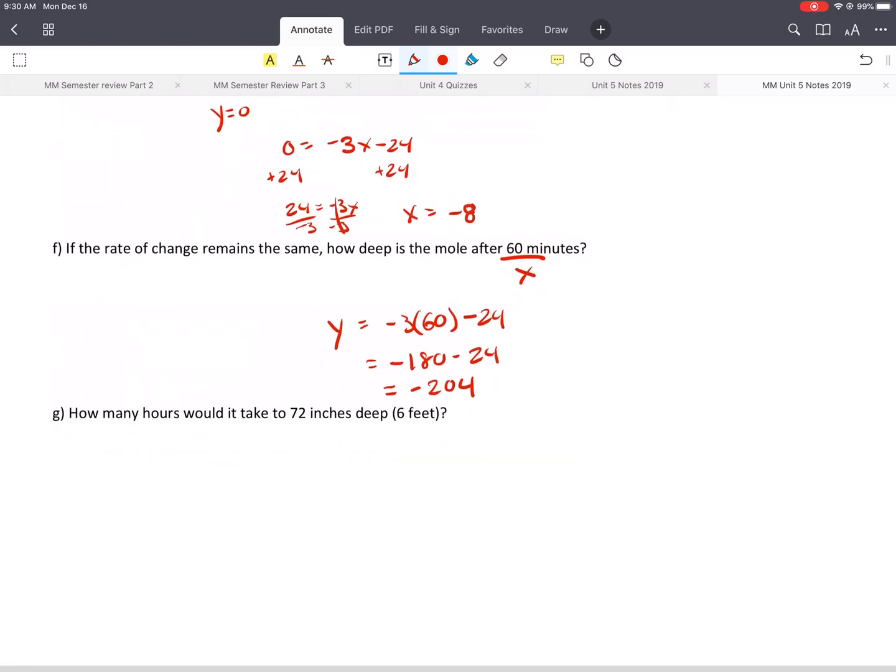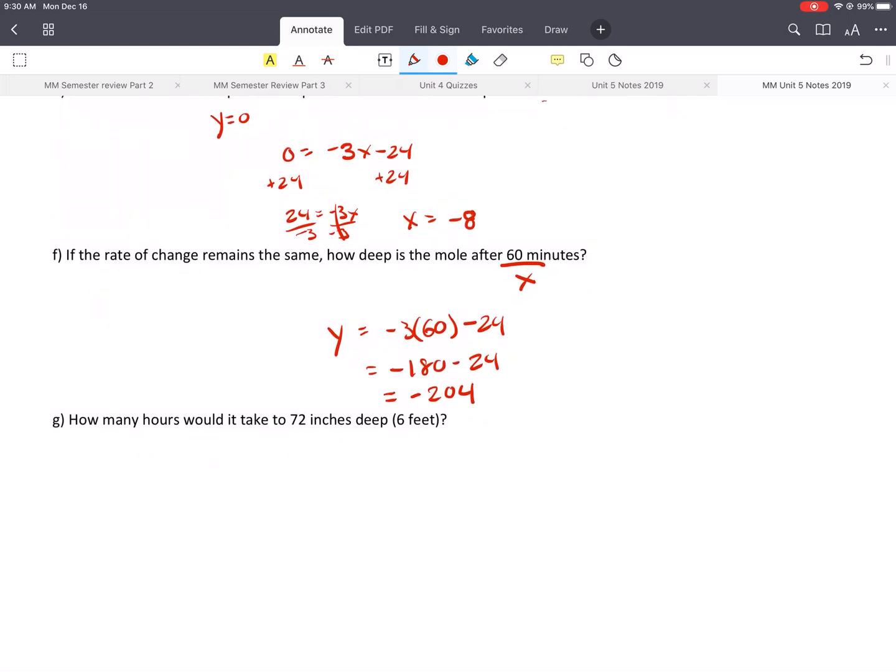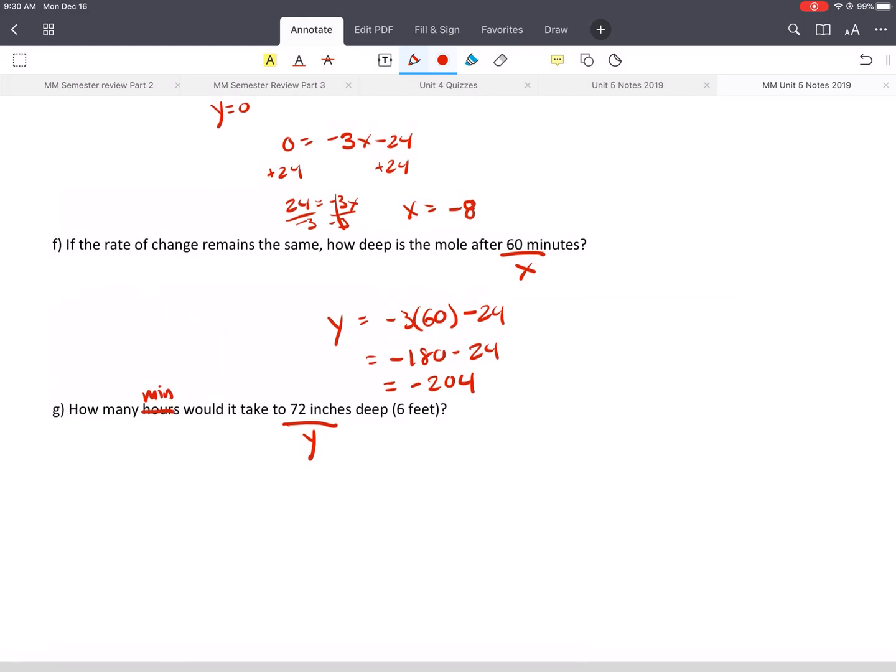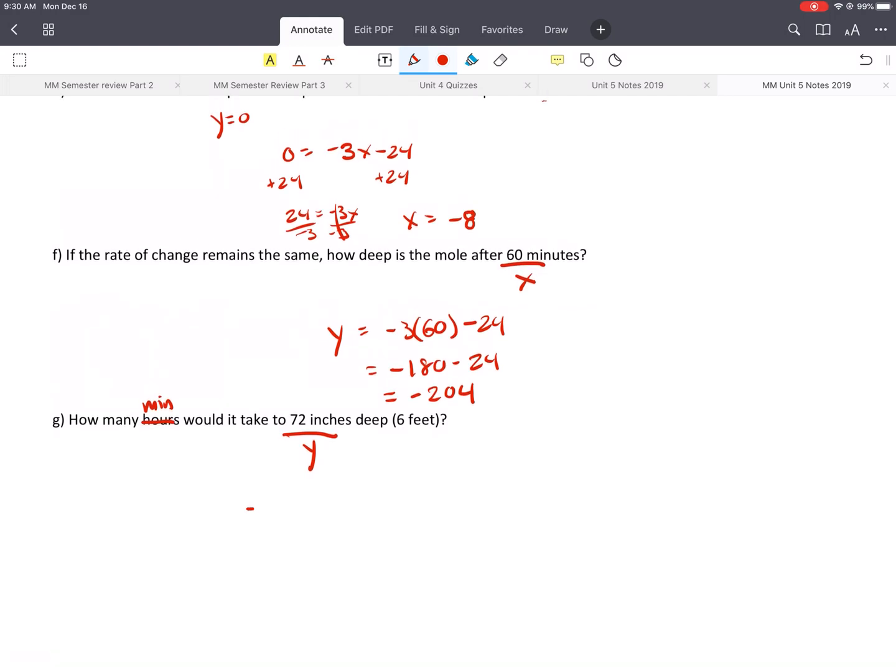For a little mole. How many hours? Sorry, this should be minutes. Okay, how many minutes would it take for him to dig 72 inches? I need to fix this a little bit. To dig 72 inches deep. Okay, so again, this would be our y. We talked about y is our inches, so we'd do 72 is equal to -3x minus 24.